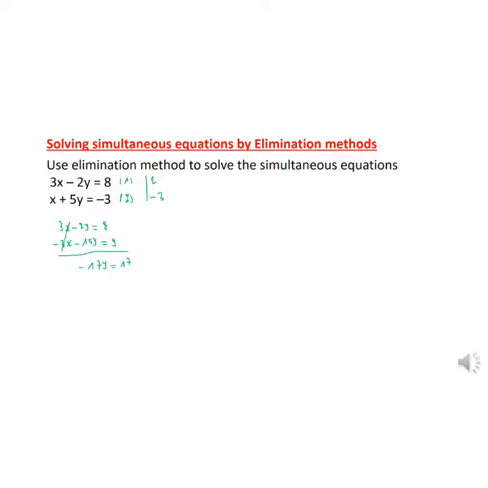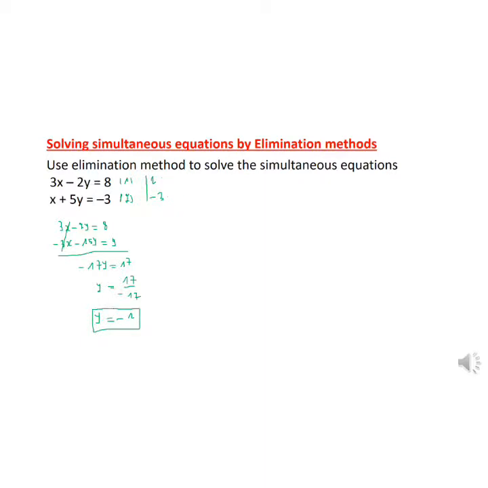Okay, so now find the value of y. y is equal to 17 divided by negative 17, which is equal to negative 1. So this is the value of y.